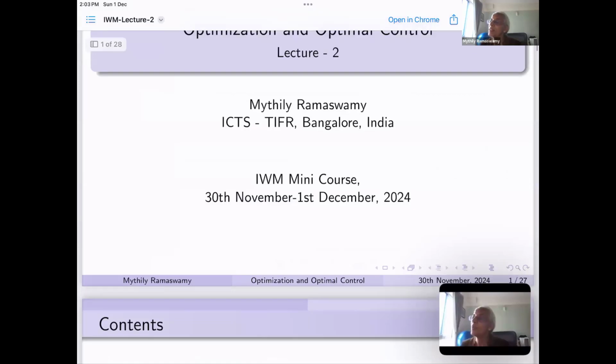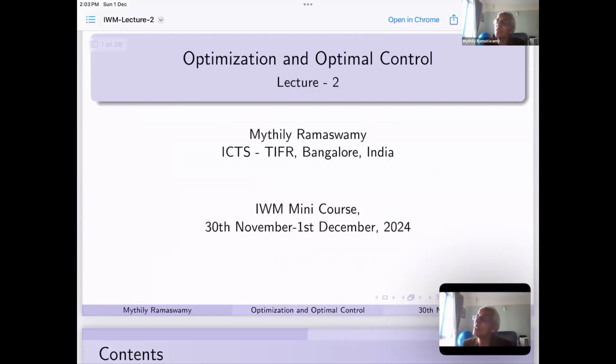So in lecture one, pretty much we saw the one variable and several variables, and then without constraint was the simplest one. Then we saw with constraints, and there we saw how Lagrange's multiplier rule helped us to solve the problem.